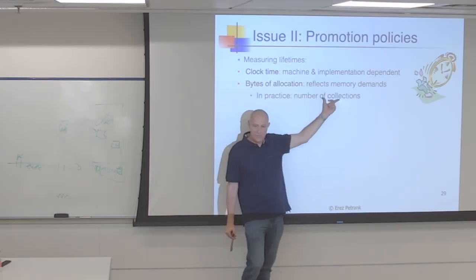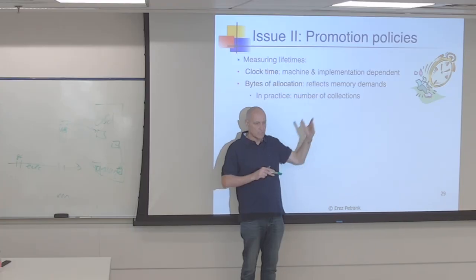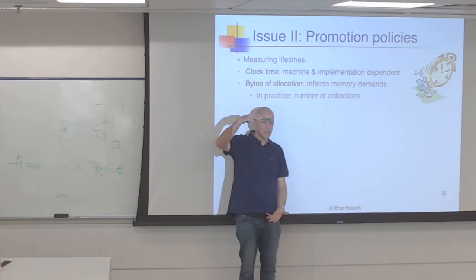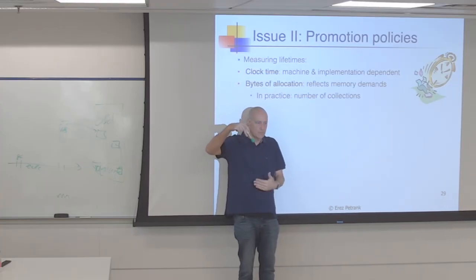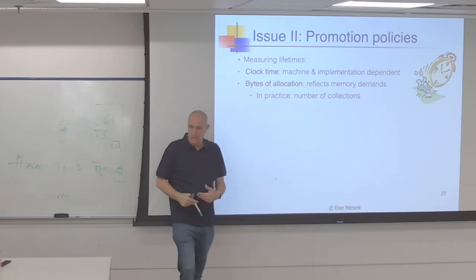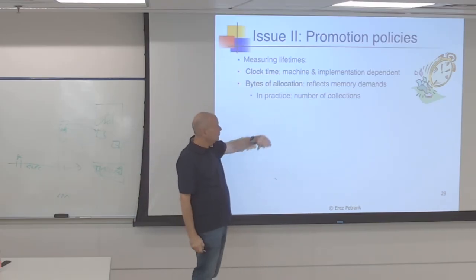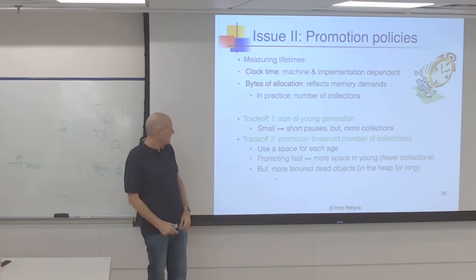Usually, I just count the number of collections, which is a rough way to count allocations, because after enough allocations, there is a garbage collection. So with a low resolution, I can ask how many garbage collections did the object survive after it was allocated. So this is the way we want to do it. And we have some trade-offs.